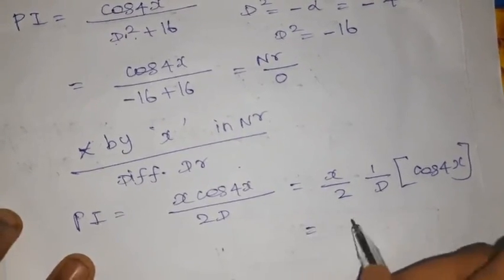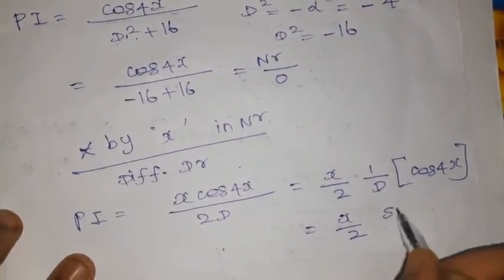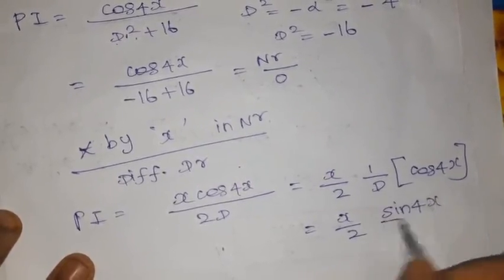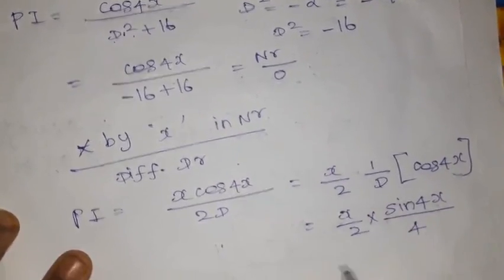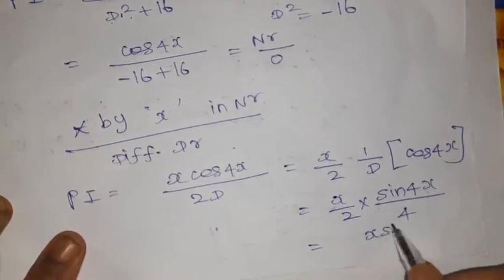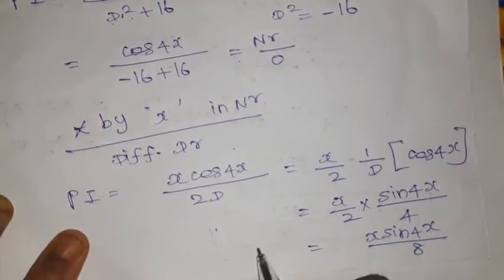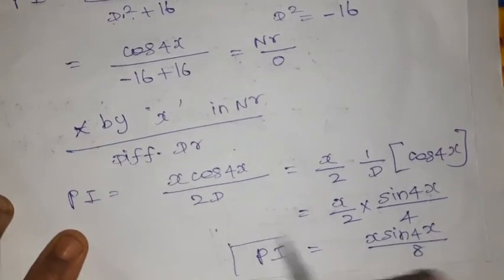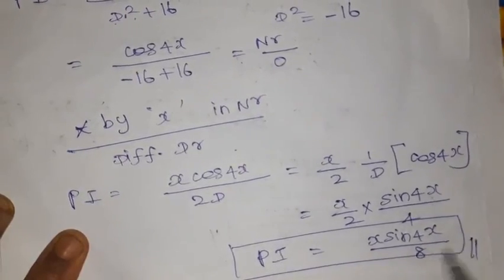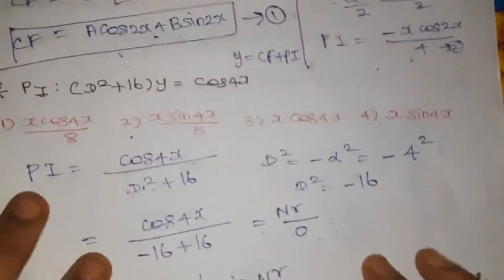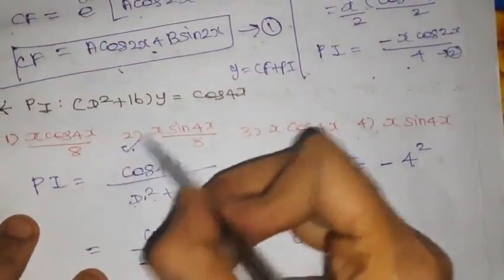So whenever we integrate, what will we get? x by 2 sin 4x by 4, so x sin 4x by 8. So this is the particular integral for the given differential equation, x sin 4x by 8. So x sin 4x by 8, option 2 is the right option. We will move on to the next problem.